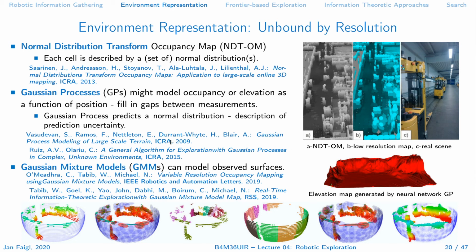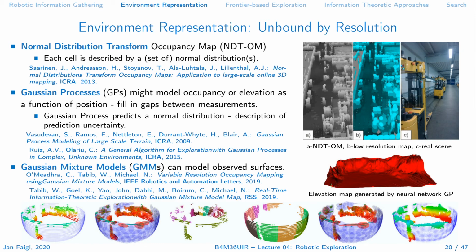Some examples of what we can render from that representation are shown here. There is also a more convenient representation using Gaussian mixture models. It can be used to model the observed surfaces, and an example is shown here.